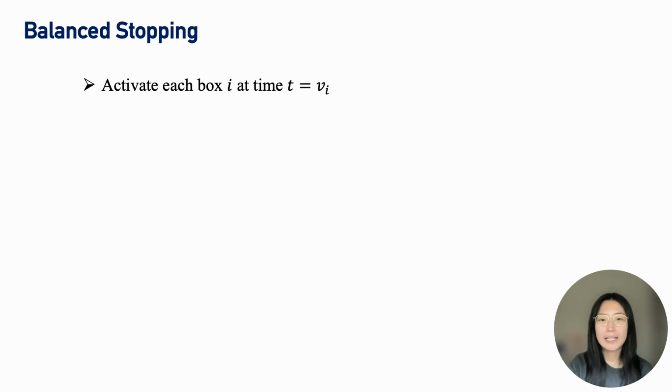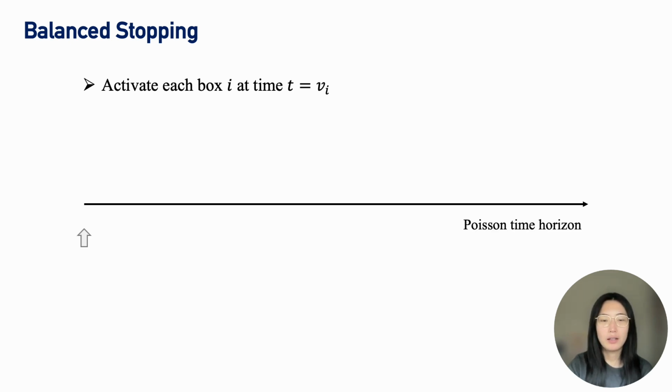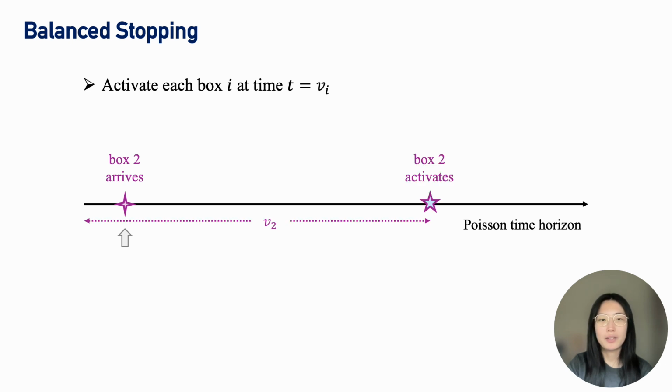In this scheme, we activate each box i at time t equals to vi. And suppose this is the Poisson time. Box 2 arrives here, and on arrival we see its volume v2, so we activate it at time t equals to v2. And same for box 1, we activate at t equals to v1.